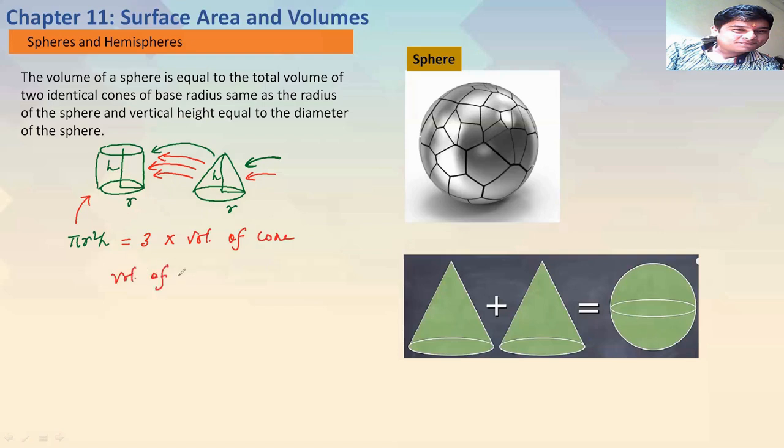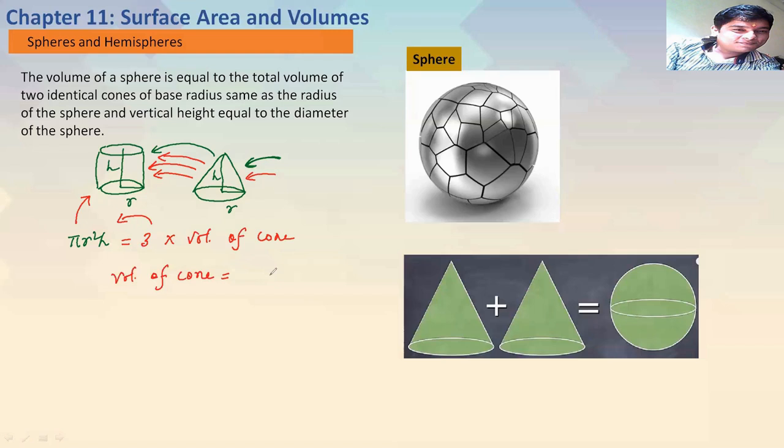You have to transfer the 3 to the other side. Yes sir, 3 into 3 by 4 or something like that. I'm talking about the cone, Raghav. You just have to transfer this 3 to the other side.